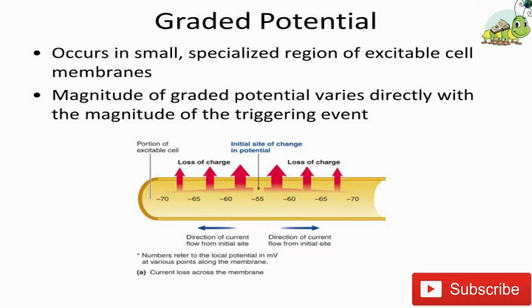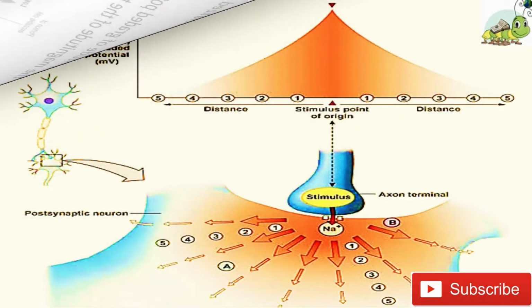What is the graded potential? Local changes in the membrane potential are called graded potentials and are usually associated with the dendrites of a neuron. The amount of change in the membrane potential is determined by the size of the stimulus that causes it.